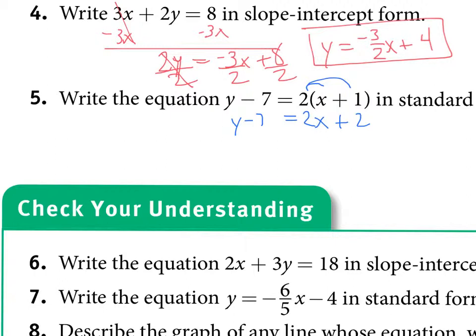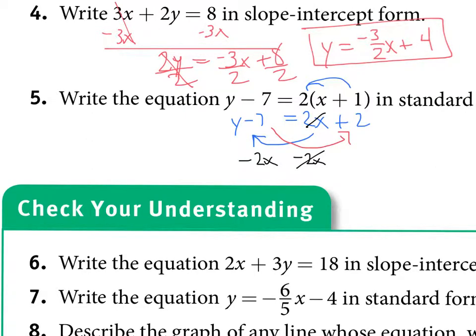Now I need to get the x's and y's on the same side. So this is going to need to go over here. And then my numbers that are not x's and y's, like the negative 7, need to go over here. How we do that is since the 2x is going to cross the equal sign, I need to do the opposite. So it's minus 2x, minus 2x. This will cancel.